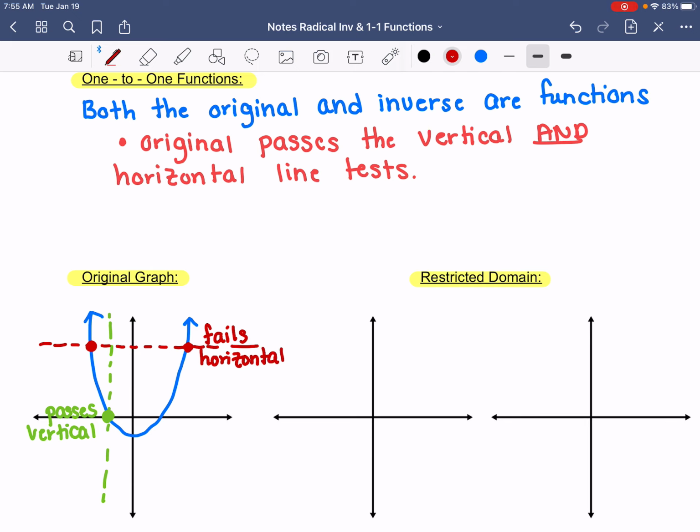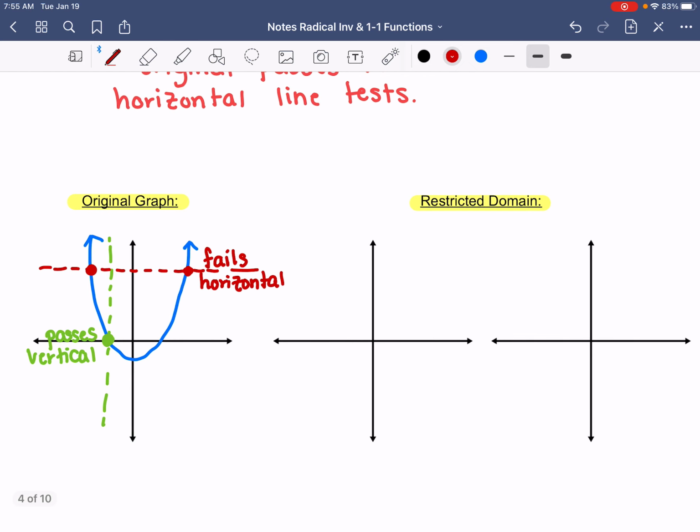Well, what we can do is something called restrict the domain. This original is a function, but it's not one-to-one. So to make it a one-to-one function, we restrict the domain and we only look at part of the graph.